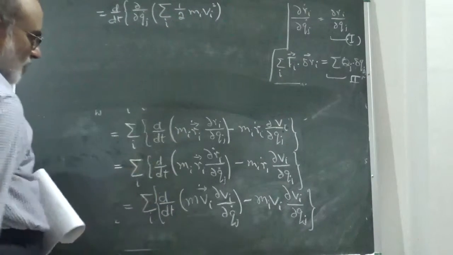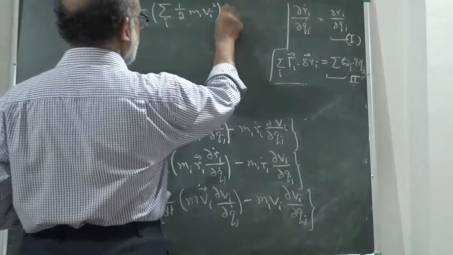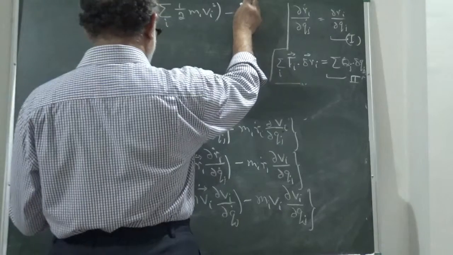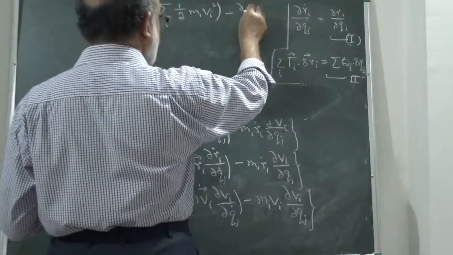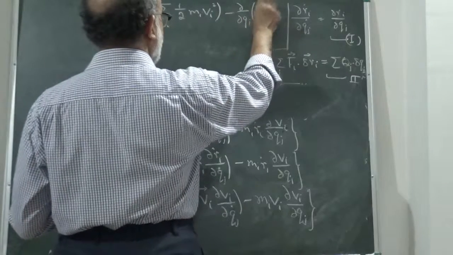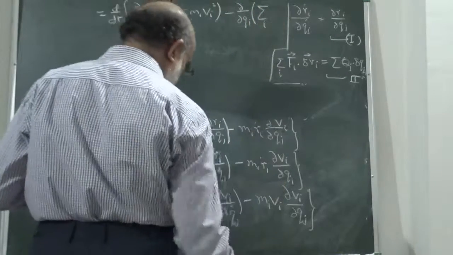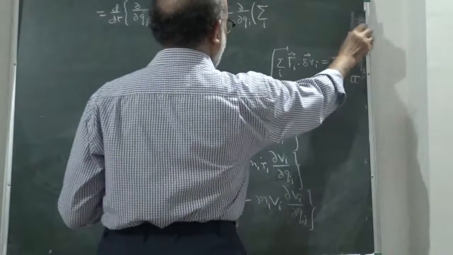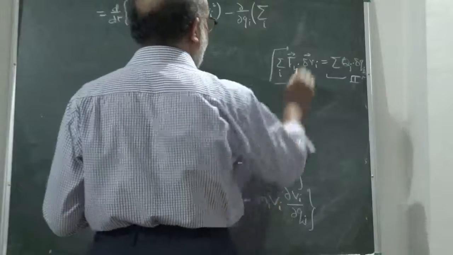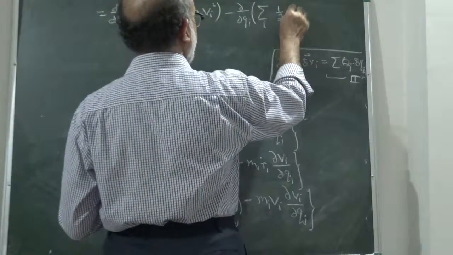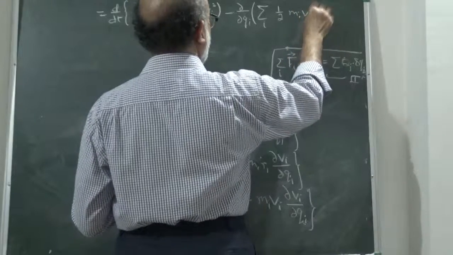So it's here. And minus of this. This can also be written as using the same delta by delta qj, summation over i. This you have used. Again, half Mi vi square.